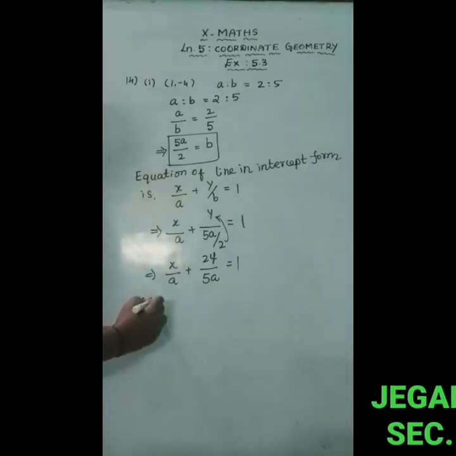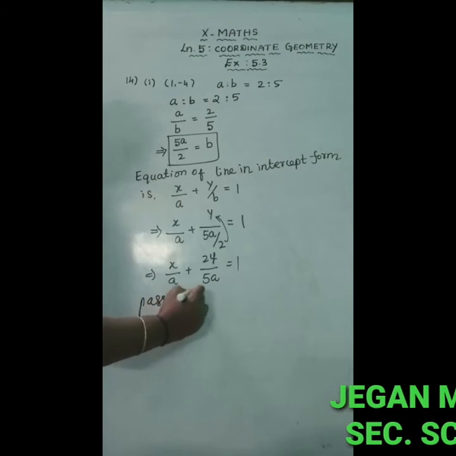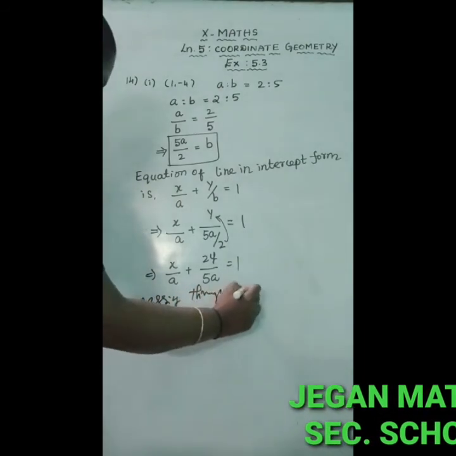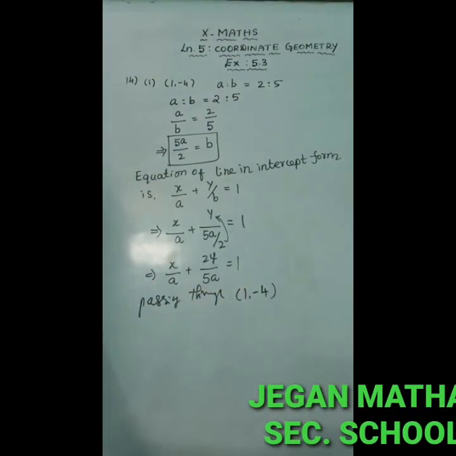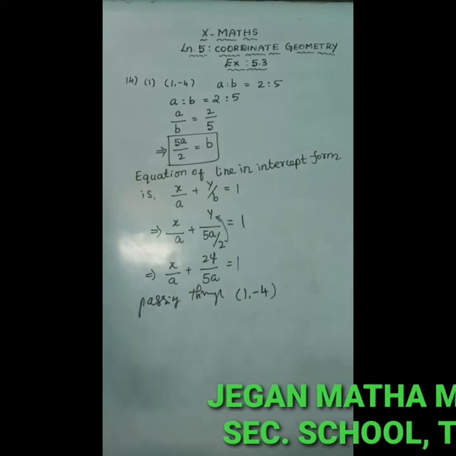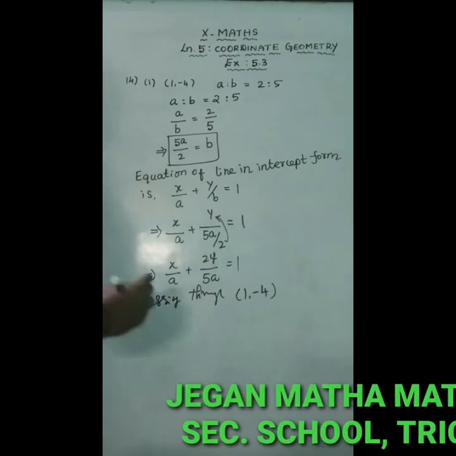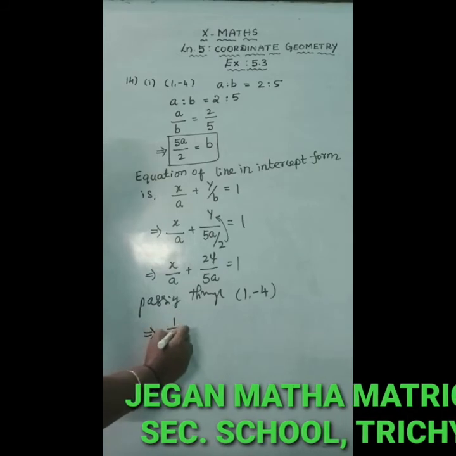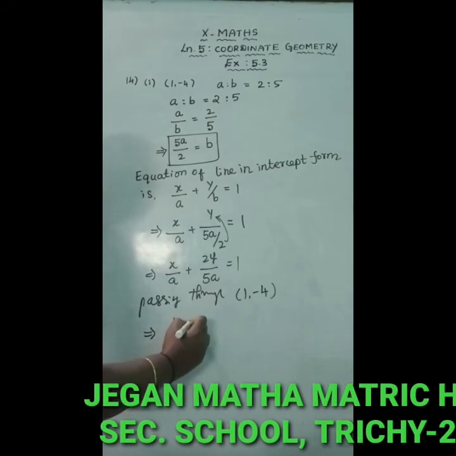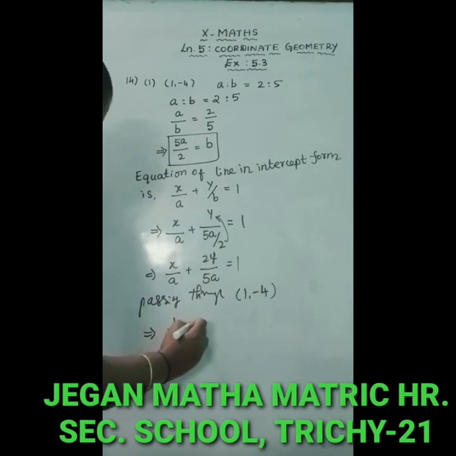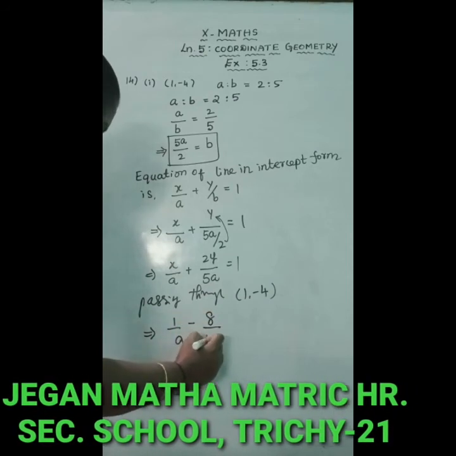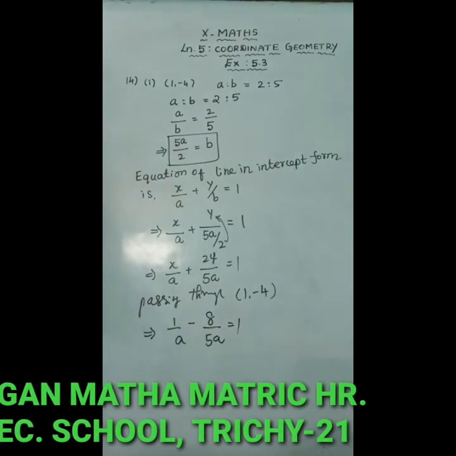So this equation is passing through (1, minus 4). So we substitute the values of x and y: we have 1 divided by a, then 2 into minus 4, minus 8 divided by 5a, is equal to 1.